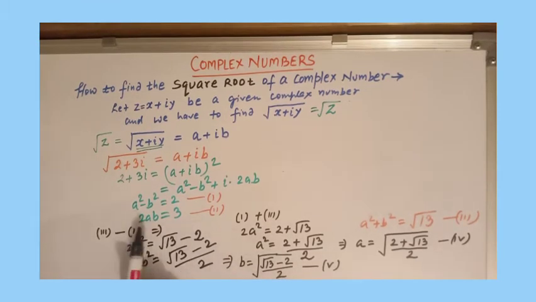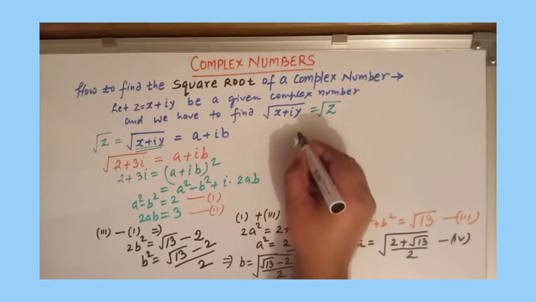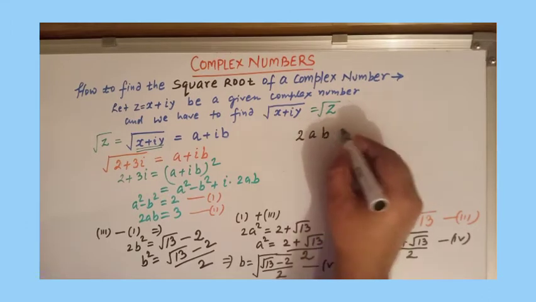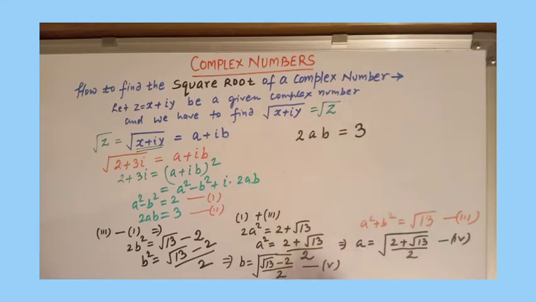Now viewers, from equation 2 we see that 2 times ab is equal to 3. Clear? Now here we have a is equal to square root of (2 plus square root of 13) divided by 2, and b is square root of (square root of 13 minus 2) divided by 2.